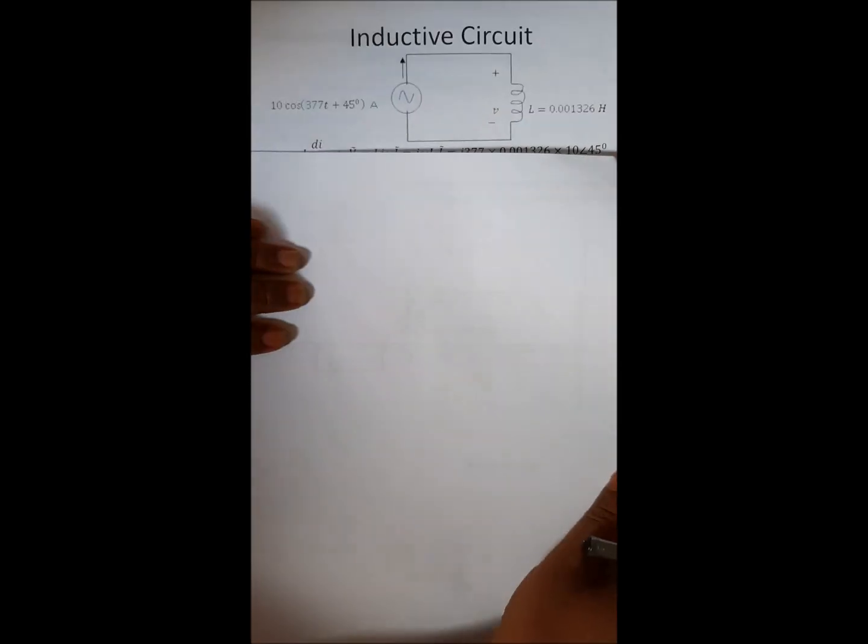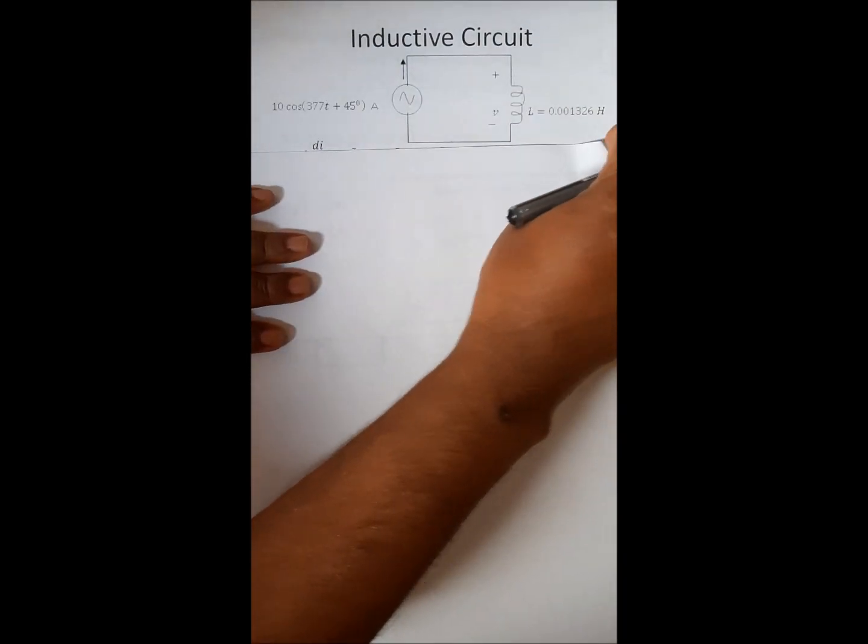You see here the current in amperes, so this is a current expression, 10 cosine this, and inductance is this, and we have to find the voltage here. To find this voltage, how can we convert this circuit to frequency domain? Let me convert this circuit to frequency domain.